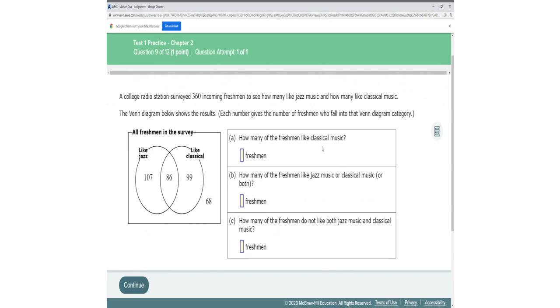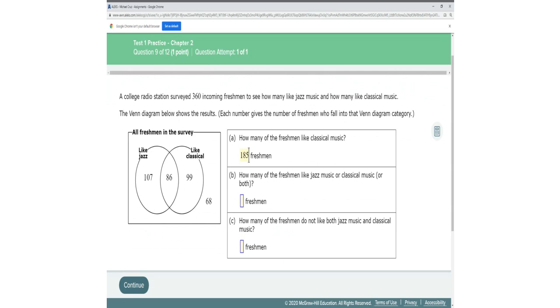In other words, what's the count if you just look in the circle classical, which is the one we might call B, the one on the right? How many are in there? 86 or 99? How many are inside of B? How about both? So there's 185 people that like classical music. Good, sir.